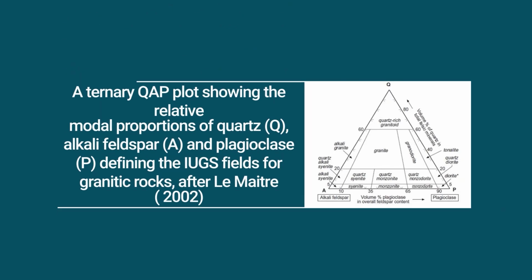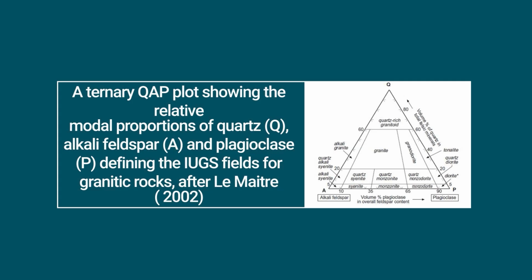Here we can see a part of the QAPF diagram, only the QAP triangle has been shown, and the modal proportions of quartz, alkali feldspar and plagioclase feldspar for granitic rocks have been plotted based on the Le Maitre classification of 2002.